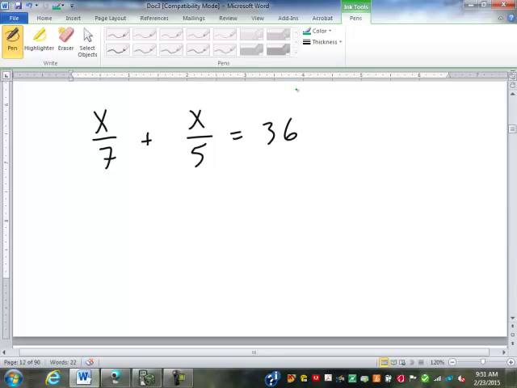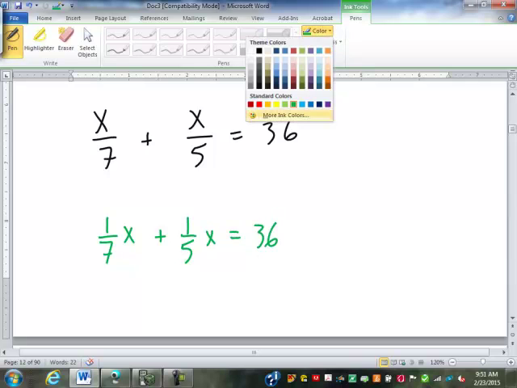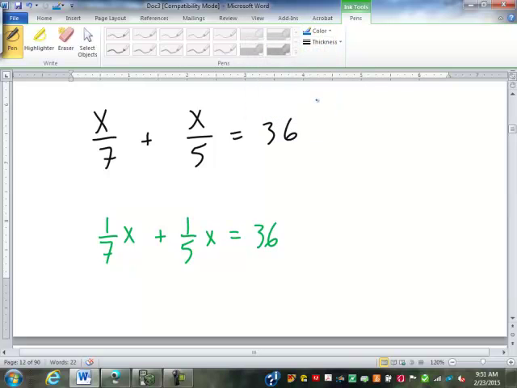X over 7 can actually be thought of as just 1/7 x. X over 5 can be thought of as 1/5 x equals 36. Now I have 1/7 x plus 1/5 x, so I have to add 1/7 and 1/5. If you add that on your calculator, you're going to get what? 12/35.